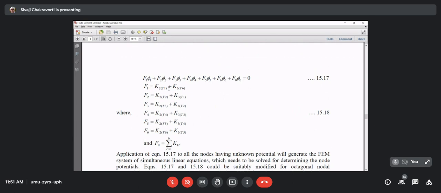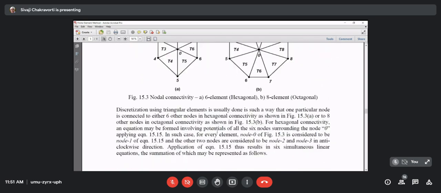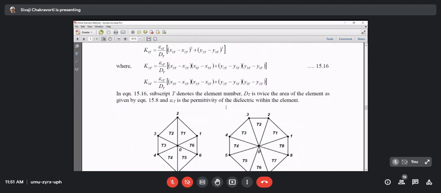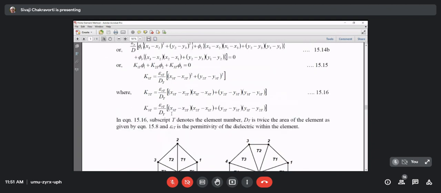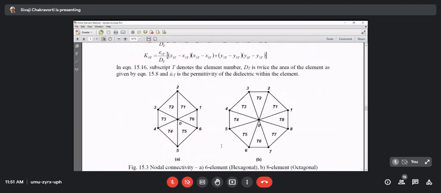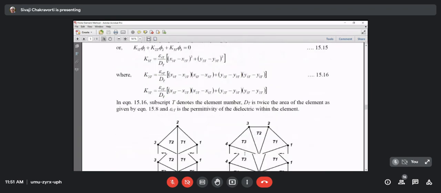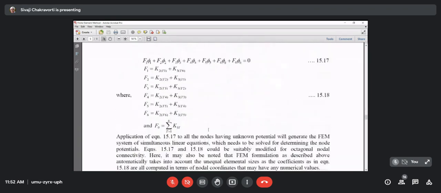But phi 1 here belongs to T1 and T6. In T1 it is node 2, so the coefficient will be K21, but it belongs to T6 as the node 3, so it will be K36. So you can see here phi 1, it is K2 triangle 1, K3 triangle 6.